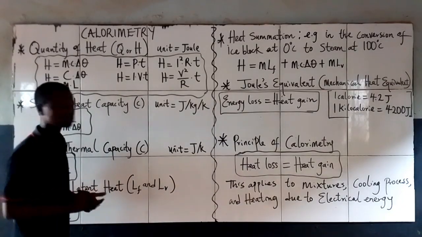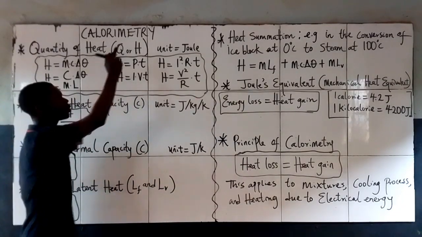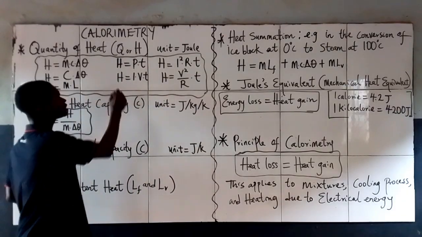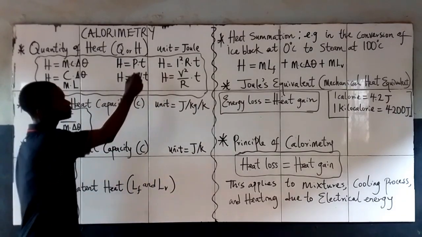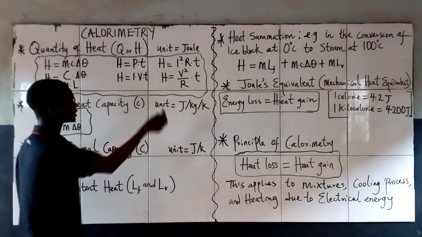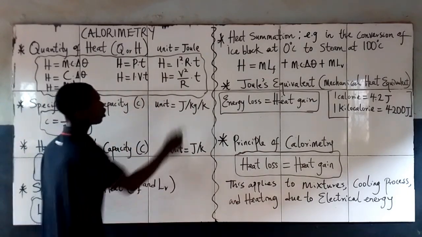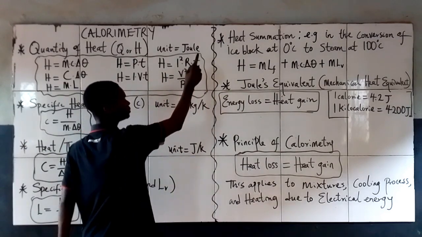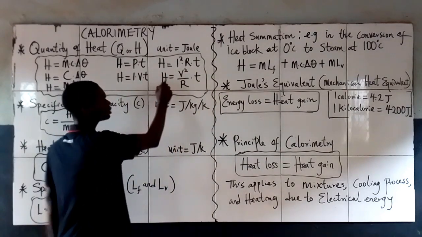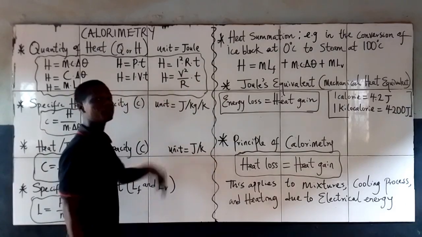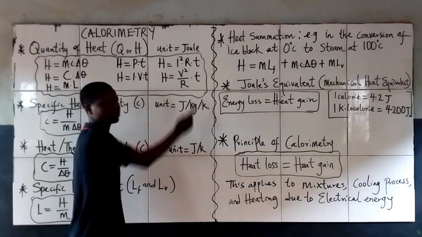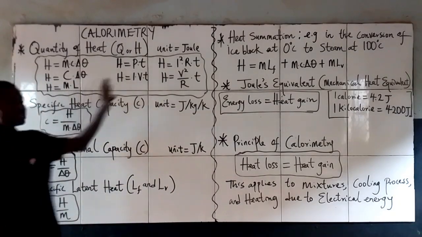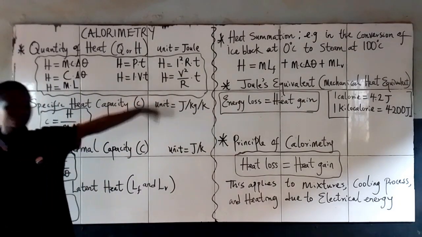You can also use this formula: heat is equal to power times time, or heat is equal to current times voltage (potential difference) times time, or heat is equal to current squared times resistance times time, or heat is equal to voltage (potential difference) squared over resistance times time. We'll understand how all this came about as we progress.